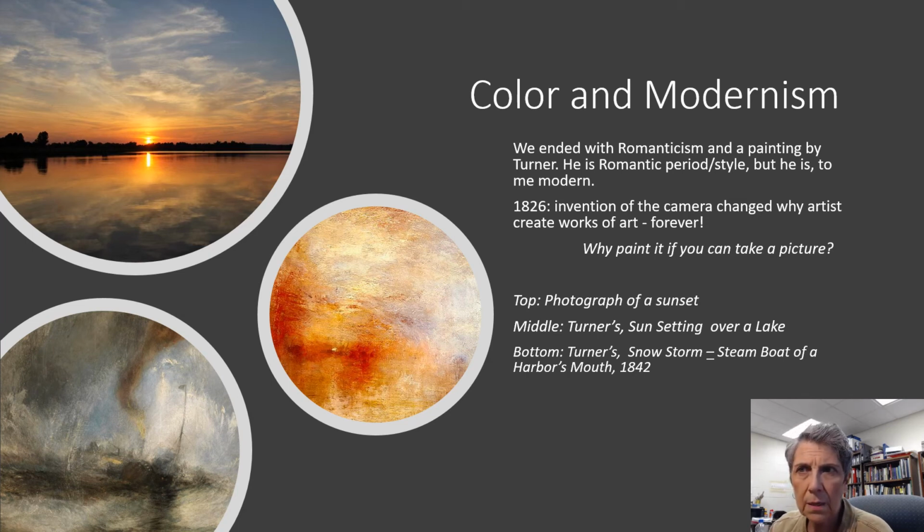Sunset over a lake. You see the difference? Students, this is about color. And that's crossing the bridge. It is abstract. And so you need to cross that bridge. It's going to get a little challenging, but you can do it.